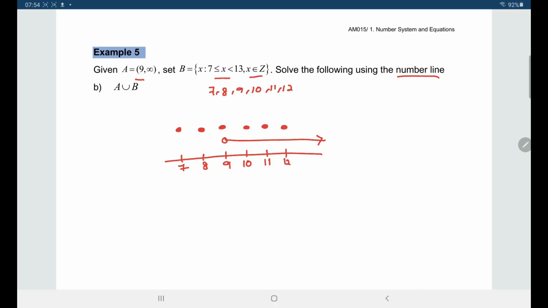From the diagram, any union between A and B? Yes. So the solution set equals numbers 7, 8. So you can write the set of numbers 7 and 8, or number 9 to infinity. Okay, number 9 is included, so closed, infinity is open.